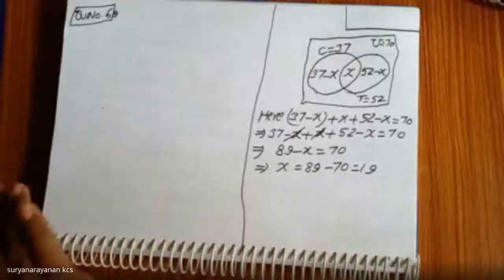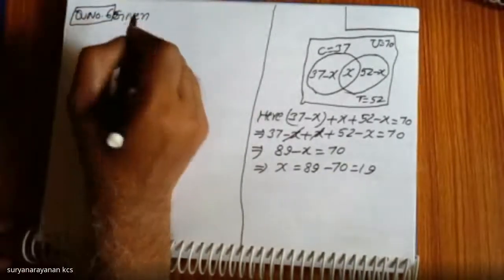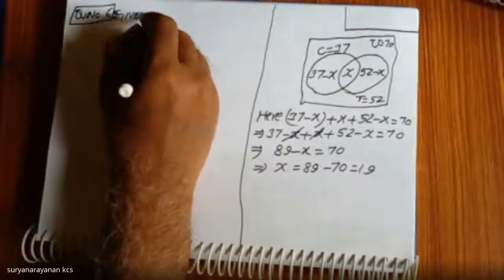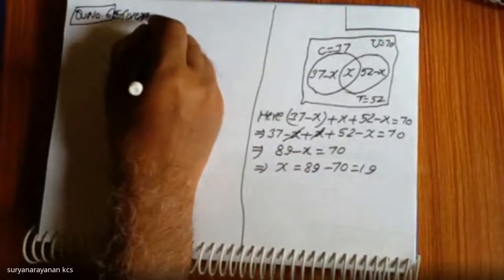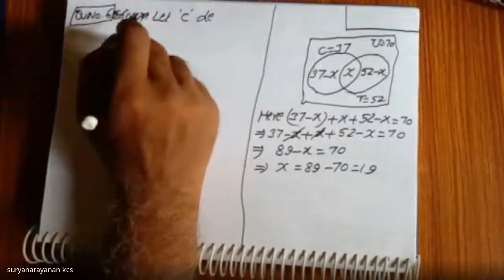Otherwise, we use the formula given. First, we have to write the description.